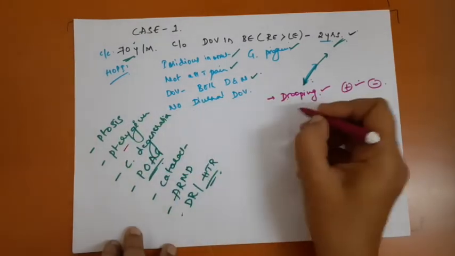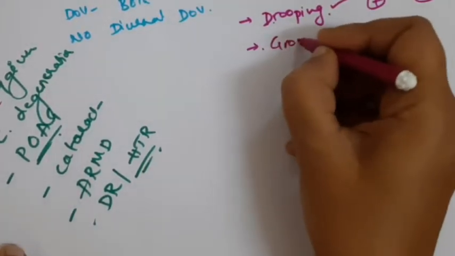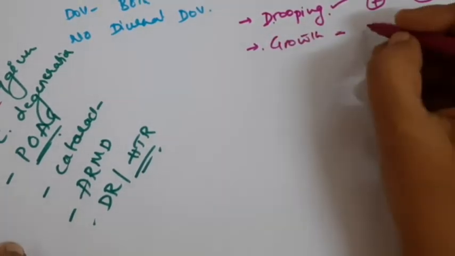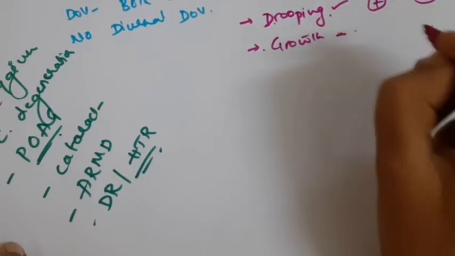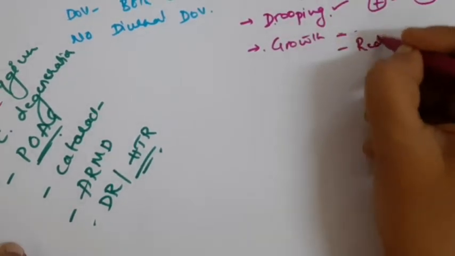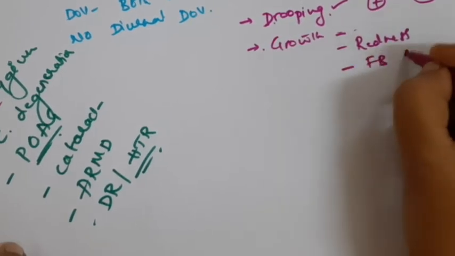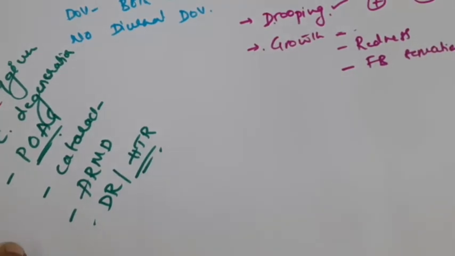For pterygium, what questions can we ask? The obvious symptom with pterygium will be a growth in the eye. They usually tell that the patient is having a growth over the cornea or the black part of the eye. If there is growth, it can be associated with redness sometimes, and it can be associated with foreign body sensation. So if all these symptoms are present, think of pterygium.